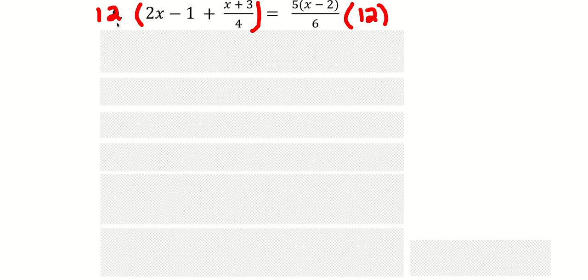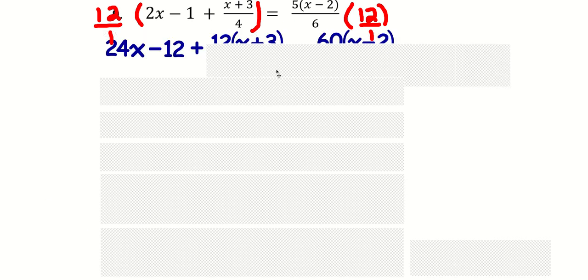So again, this 12 is going to get multiplied to the 2x. This 12 is going to get multiplied to the negative 1. And this 12 is going to get multiplied to this fraction, and it's going to cancel with the 4. That's what we want. Over here, the 12 is going to get multiplied to this fraction, and the 6 is going to get canceled out with the 12. Because again, technically, it's 12 over 1.